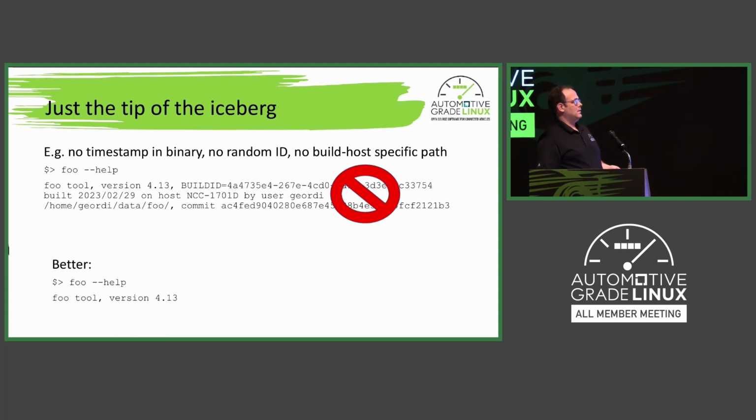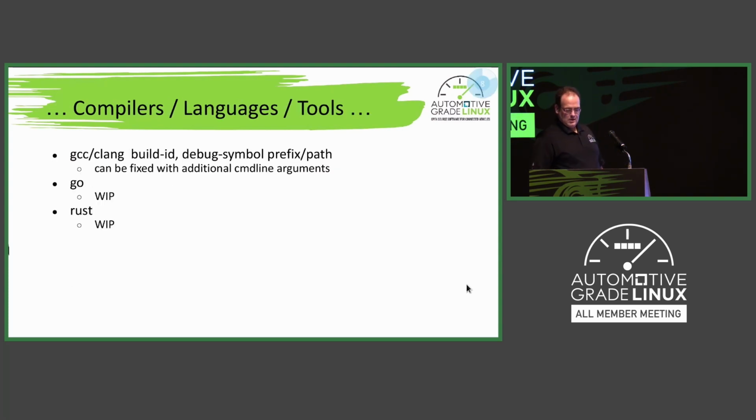For example, the compiler might insert a build ID, and so on. There are also path-specific information, the so-called debug symbol prefix path. So there are way more pieces to the story of having reproducible builds. And this is just GCC, or well, C compiler, C++ compiler.